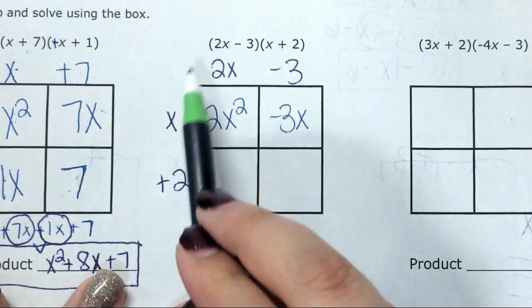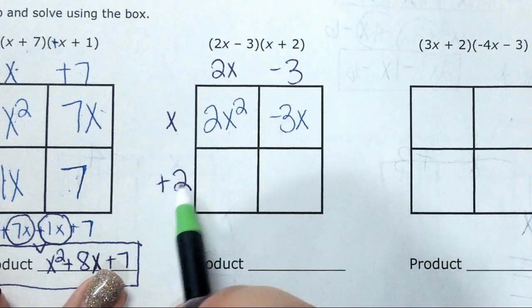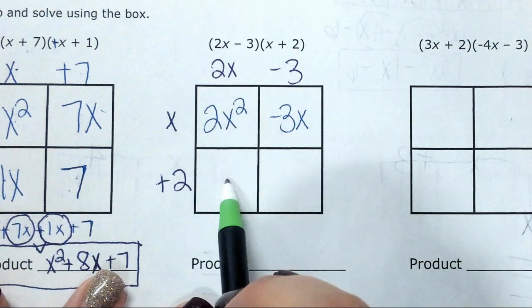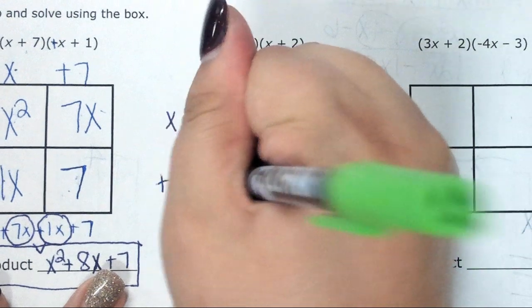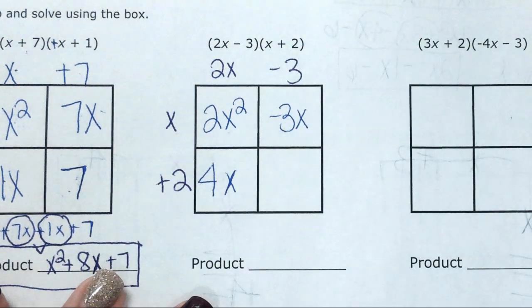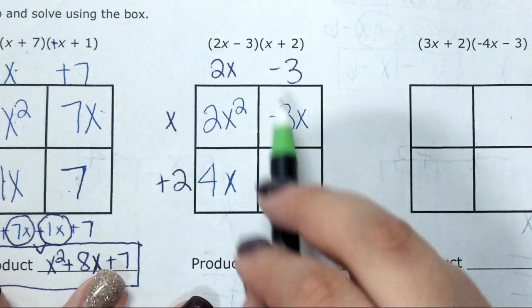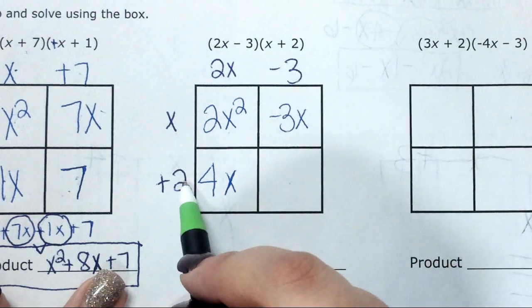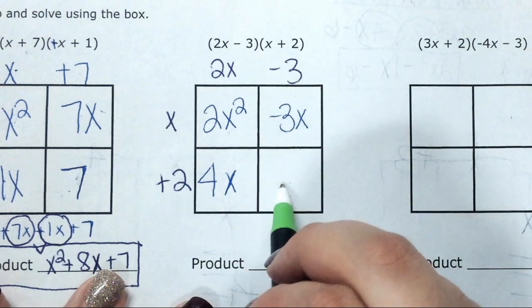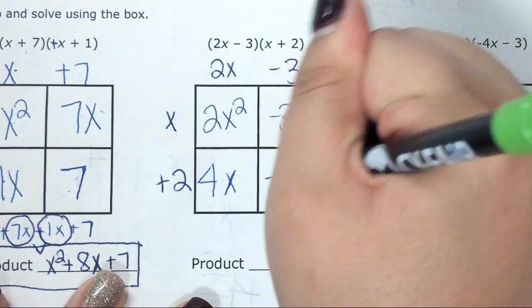Right here, 2x times 2. 2 times 2 is 4, and then x. And then right here, negative 3 times 2. Negative 3 times 2 is negative 6.